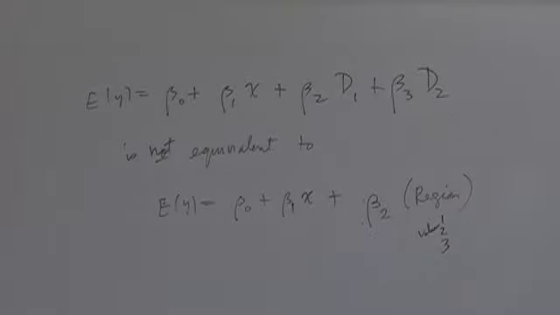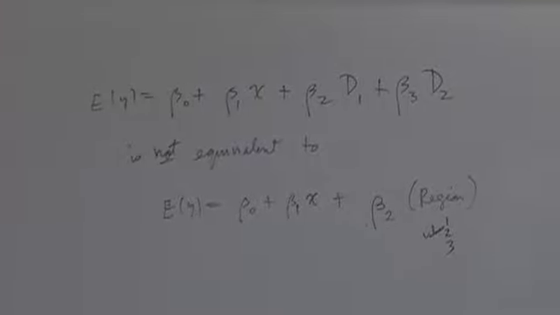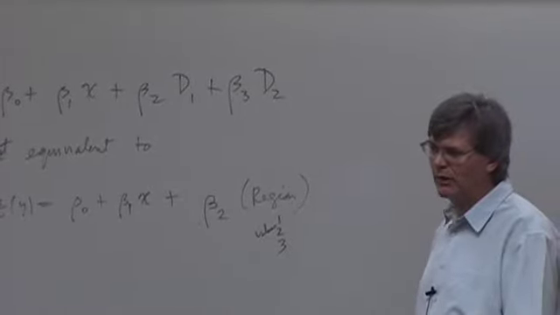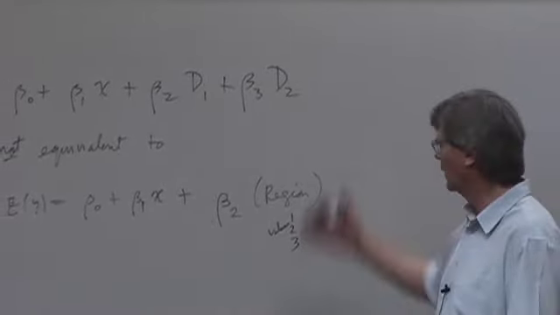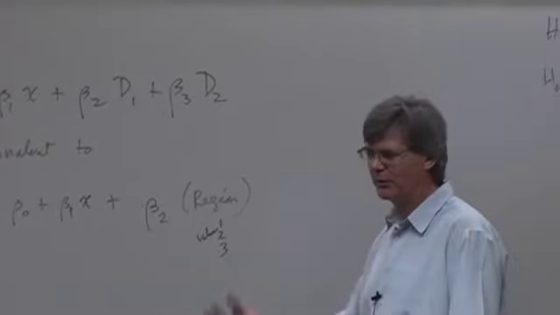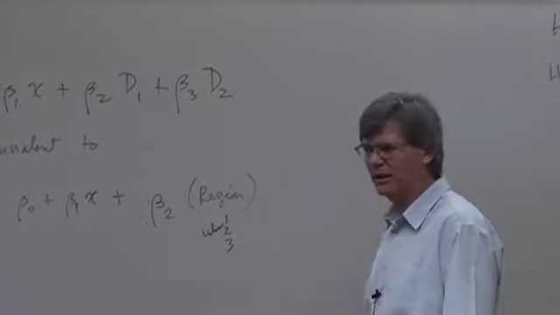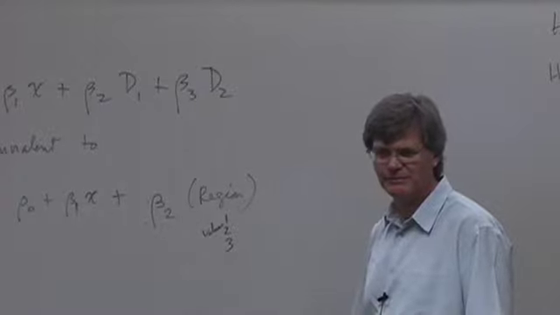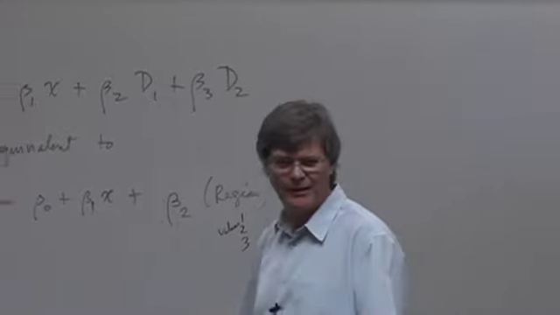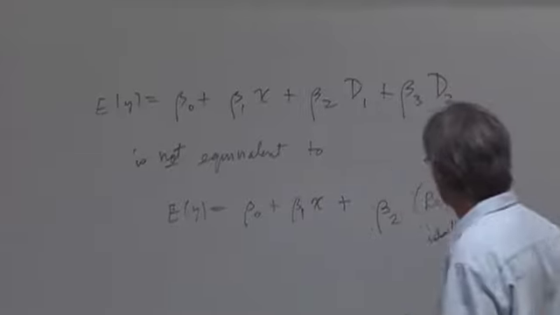Okay? So you might say, well, why not just put that in? It's an additive model. Region has values 1, 2, 3. You just plug it in. I have 3 parameters, not 4. What is this business with indicator variables? Why not do this? The problem is this.